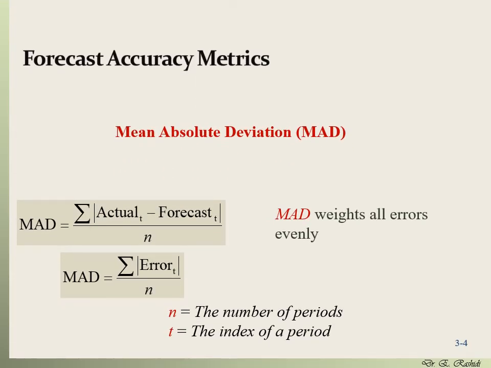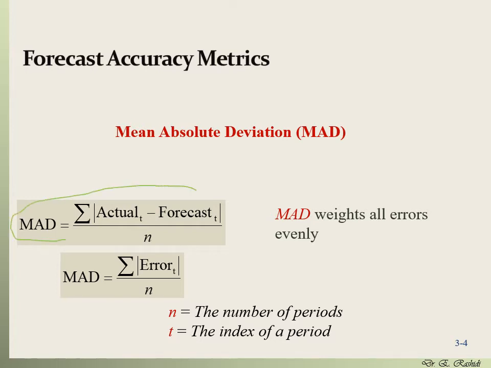The first accuracy metric is called mean absolute deviation, or MAD. This method uses the absolute value instead of the real value of the error, to avoid the canceling effect. Let's see how it works. We have the formula here.